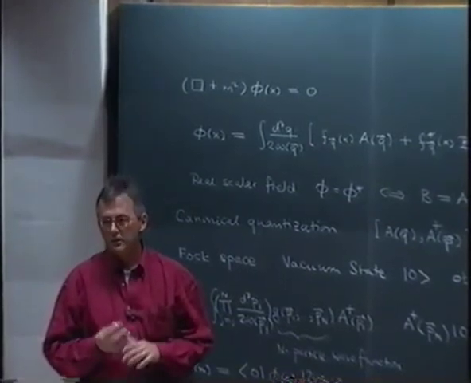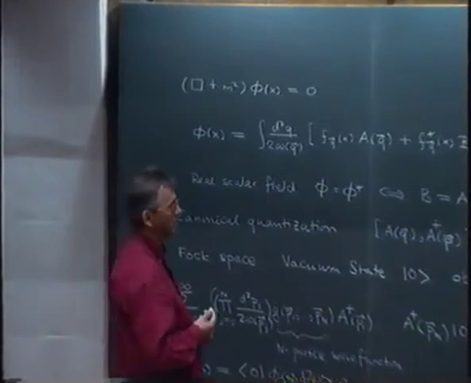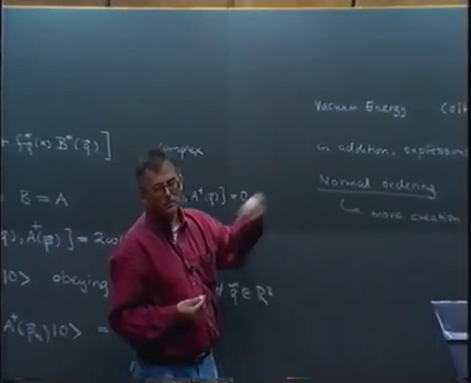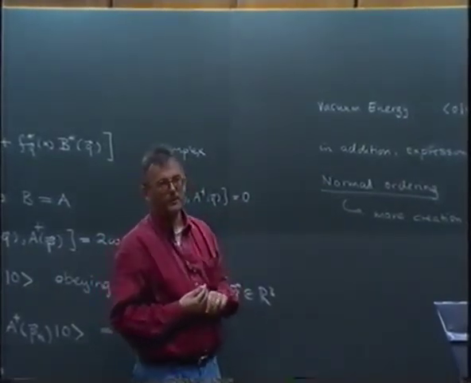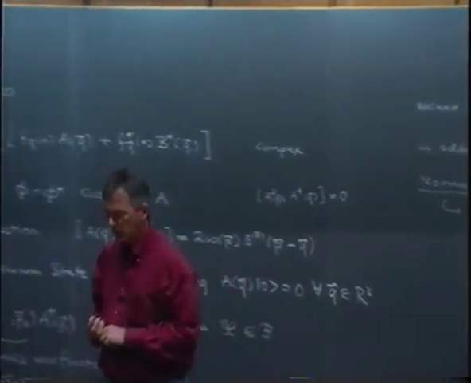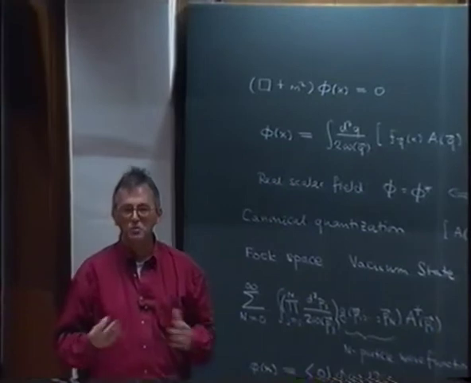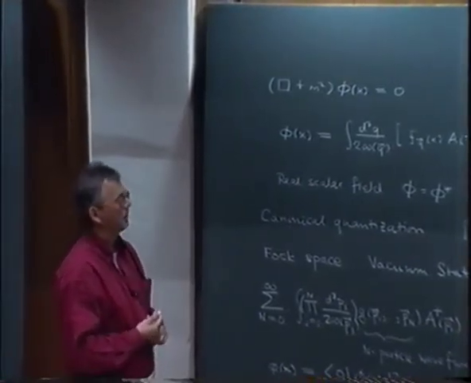These infinities are essentially related to the fact that we have an infinite number of degrees of freedom. But in free field theory, you can get rid of these infinities relatively easily, namely by normal ordering. This will no longer be true in interacting field theories, where normal ordering is not enough. You have to do other things. You have to also renormalize coupling constants, masses, and so on.